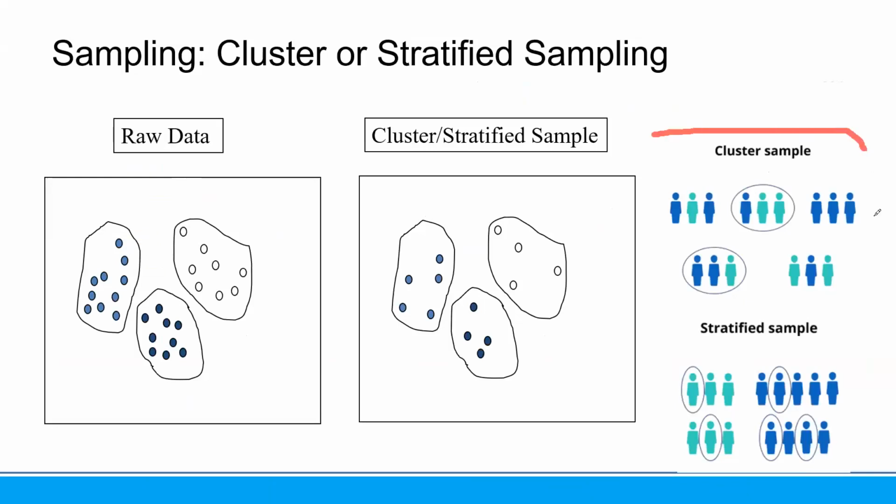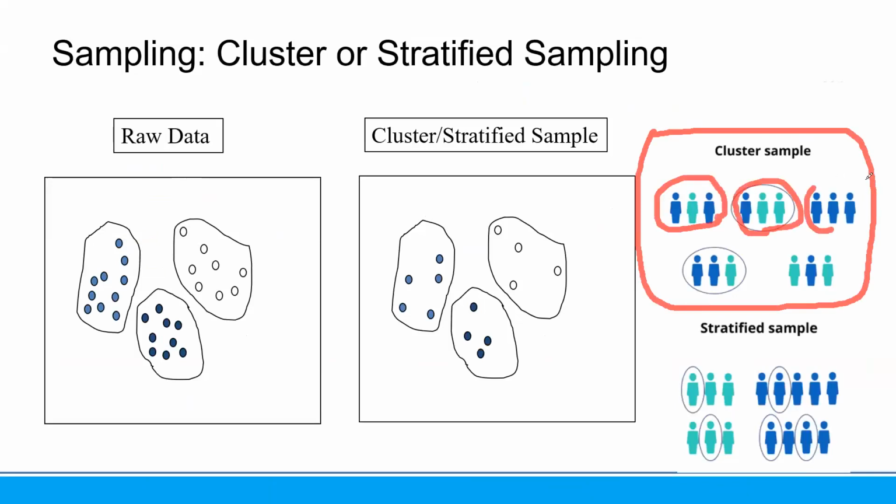So I make cluster 1, cluster 2, cluster 3, cluster 4, cluster 5. Among those 5 groups, I want to select only 2. I will select only this and this, because this is a cluster sample.